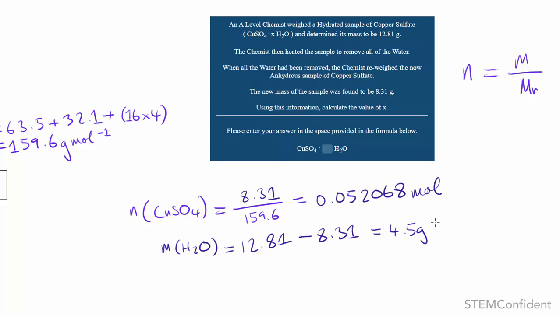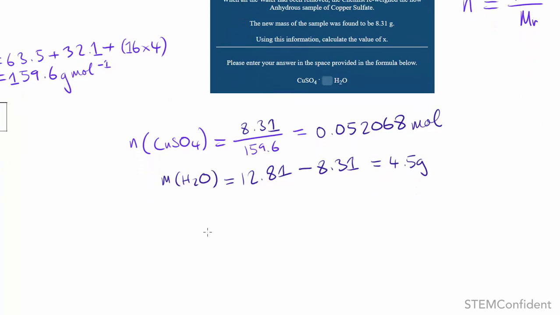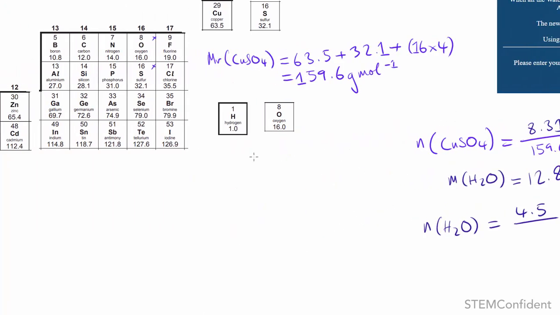right? And therefore, the number of moles of H2O is going to be 4.5 from this divided by the molar mass of H2O, which in this case is, so 1 times 2.